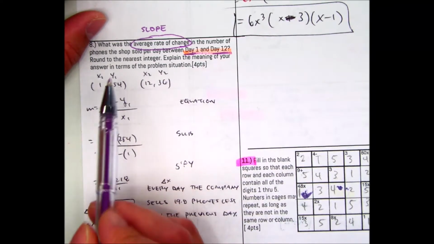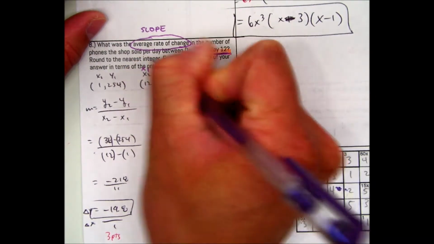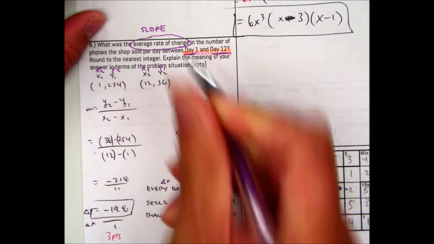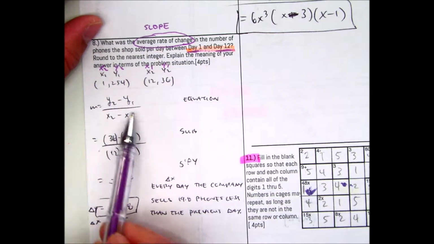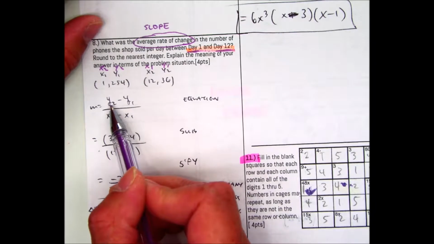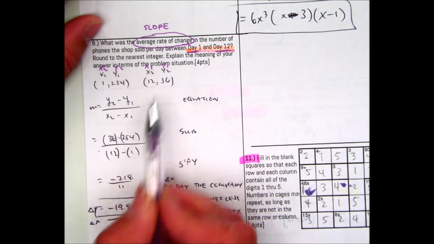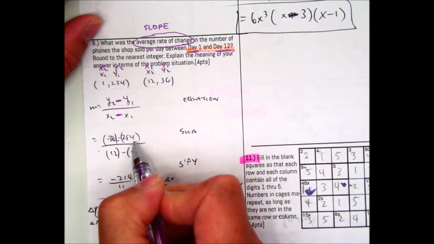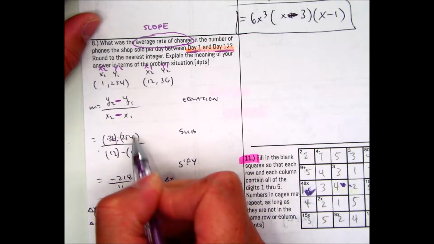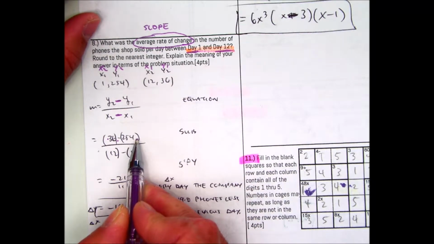Remember, it doesn't matter how you label these. This could have been x1, y1. You could have labeled these x2, y2. What is important is that in your equation, your y's are above your x's. Do your substitution. 36, y2 in my case, was 36 minus, remember that minus sign has to be there in the formula, your y1 value is 254.